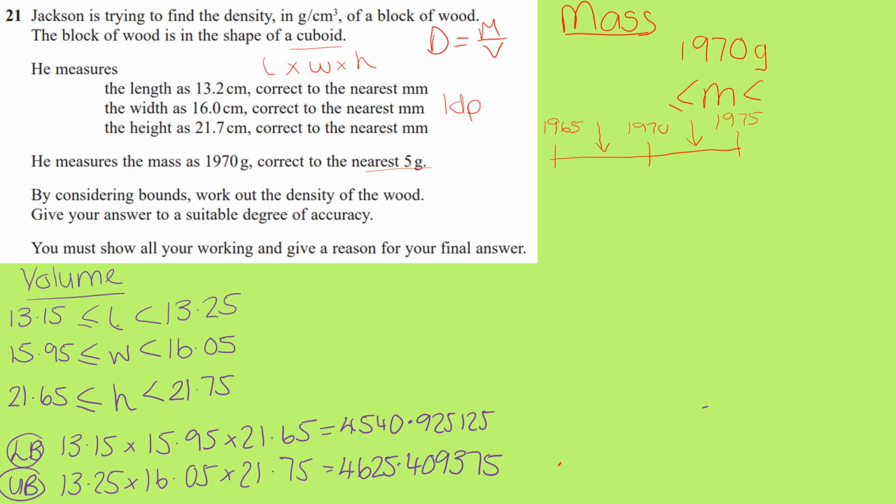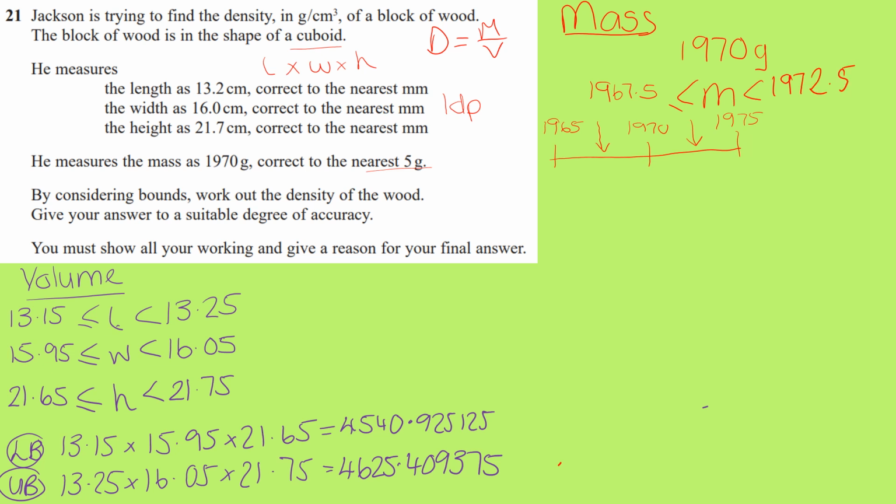So the point halfway between 1965 and 1970 would be 1967.5. And between 1970 and 1975, halfway is 1972.5.